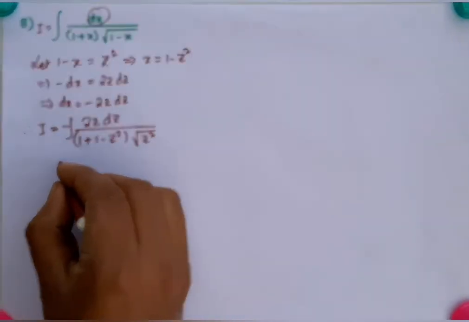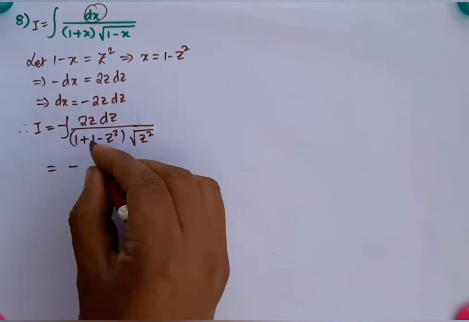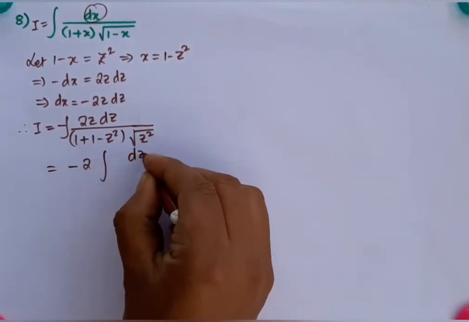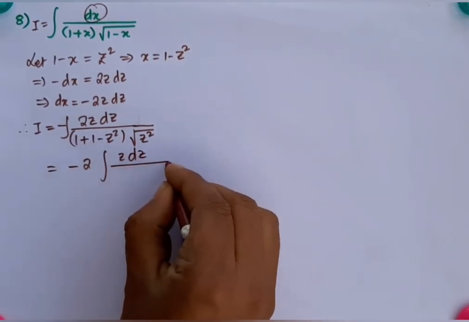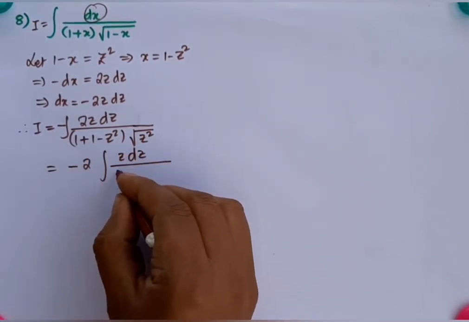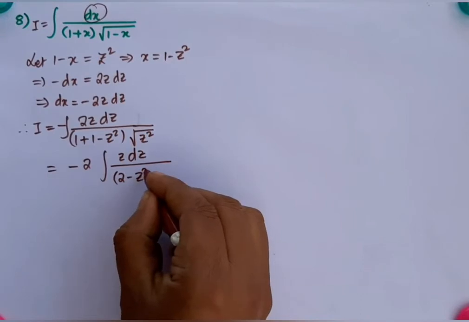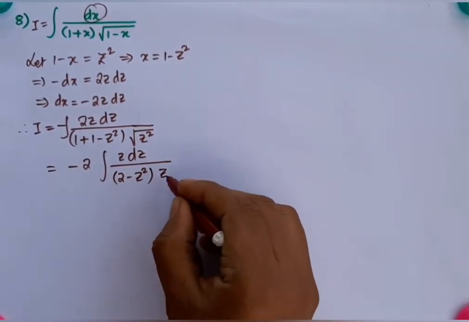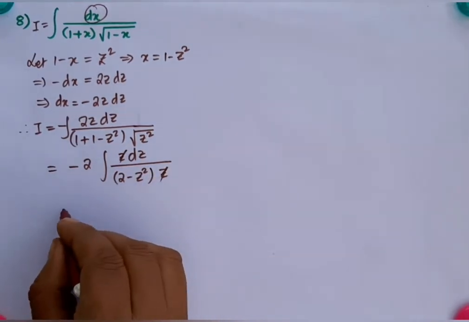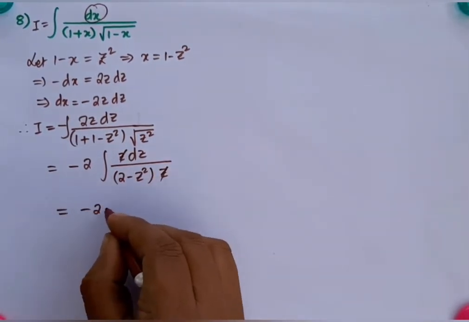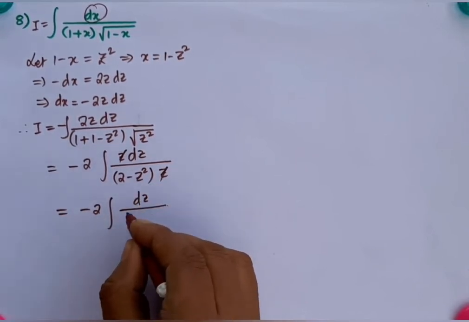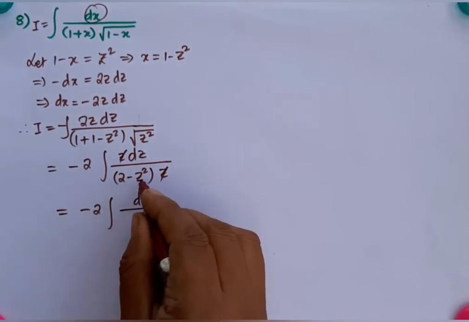Okay, so you can take out 2 also outside. So this becomes dz, z is also there, divided by this 2 minus z square, and square root of z square is z, isn't it? So z and z get cancelled, so this is minus 2 integral dz by 2 minus z square, right?